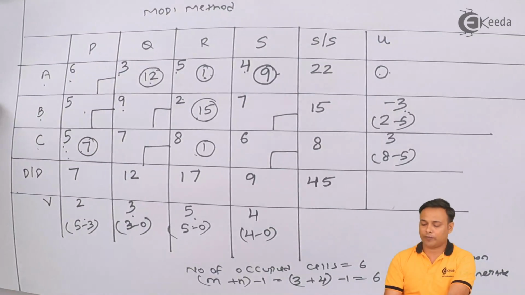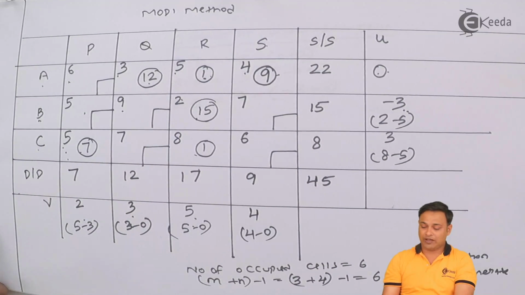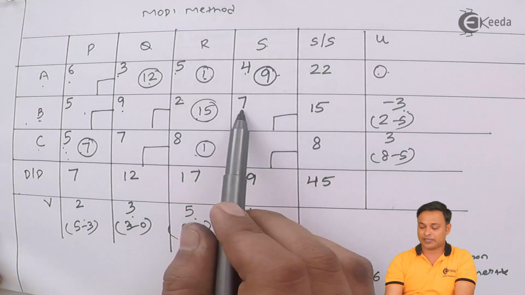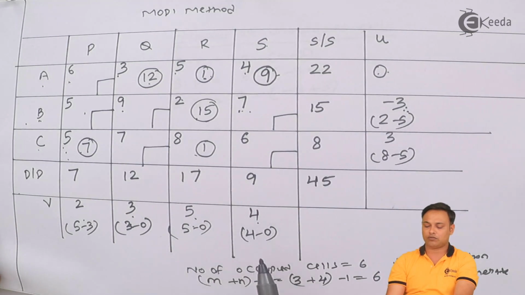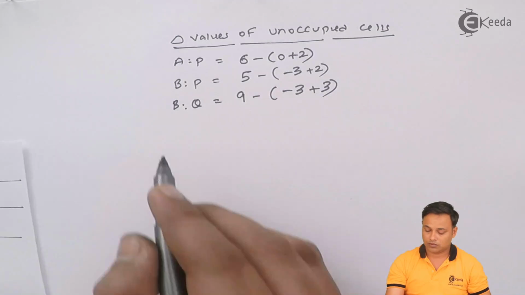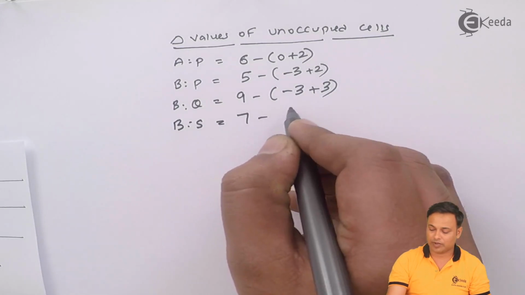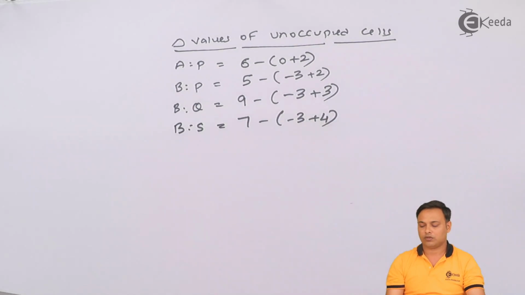Next cell we have unoccupied is BS, cost is 7. So BS, 7 minus 3 plus 4.